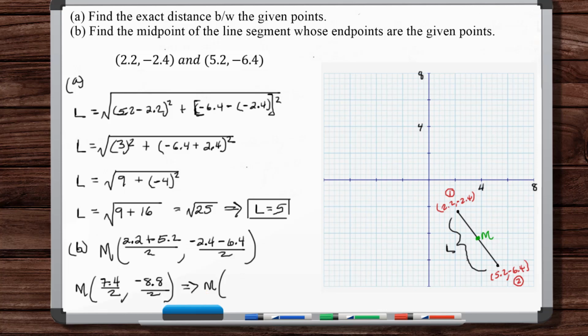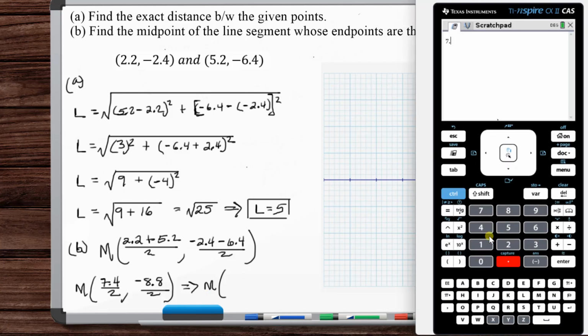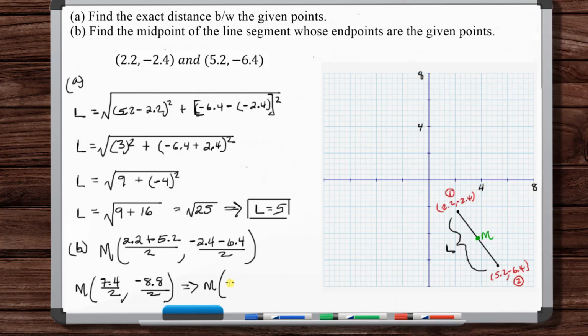So 7.4 divided by 2 is 3.7, and then minus 8.8 divided by 2 is minus 4.4. And that is the coordinates of the midpoint.